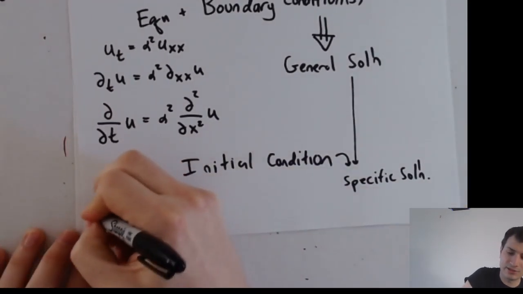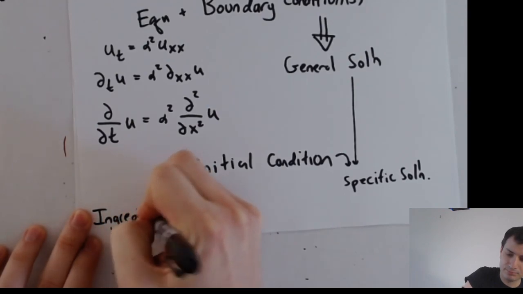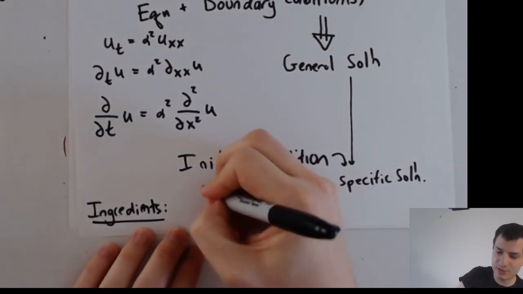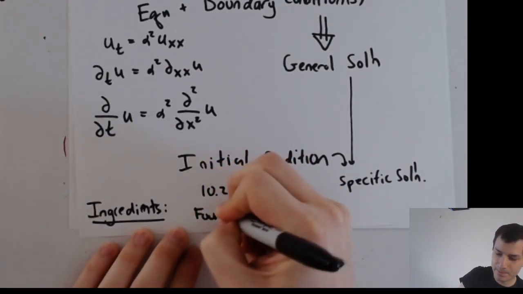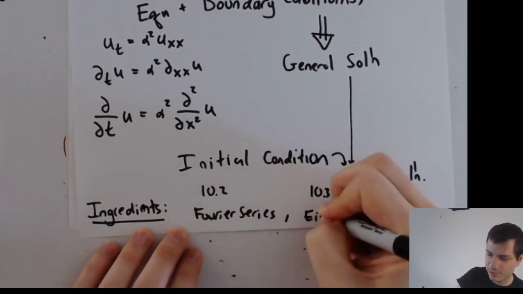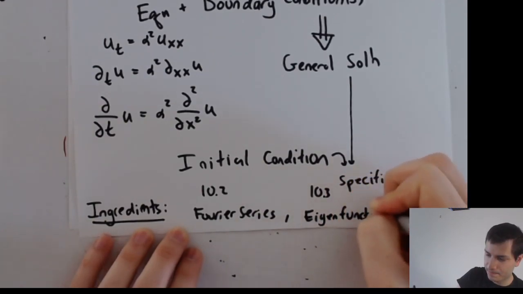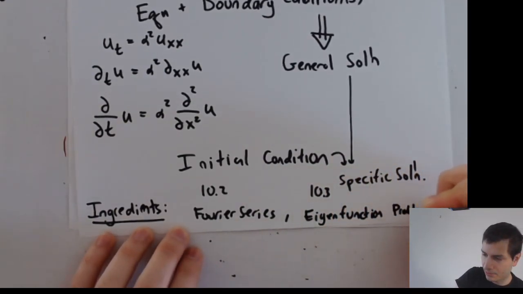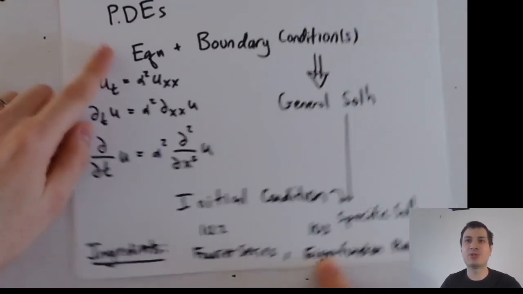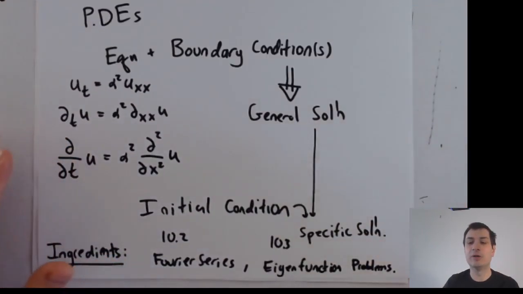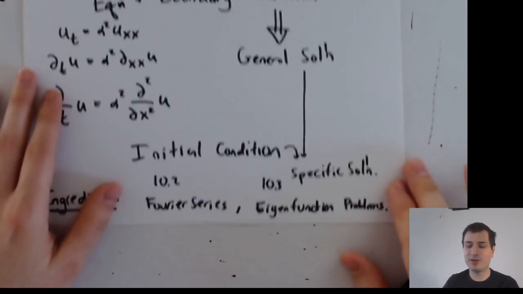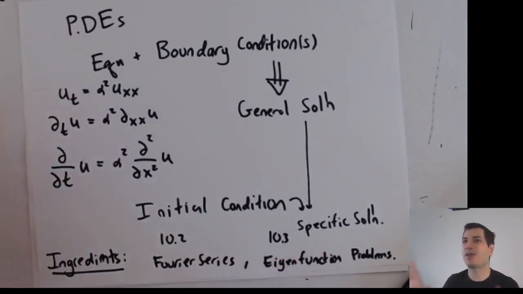The other ingredients are the things from chapter 10 that we just did: 10.2, which is Fourier series, and 10.3, which is these eigenvalue problems, or rather eigenfunction problems. These two ingredients are going to be used, but other than that, the actual equation part is going to be extremely similar to the other things we've done. So hopefully you won't find it super confusing. If you understood all these individual pieces, I think it's okay.